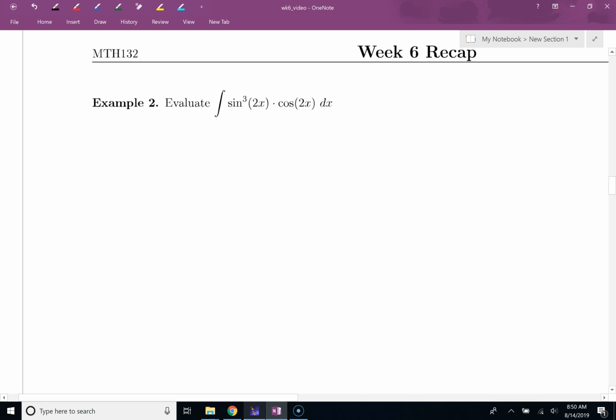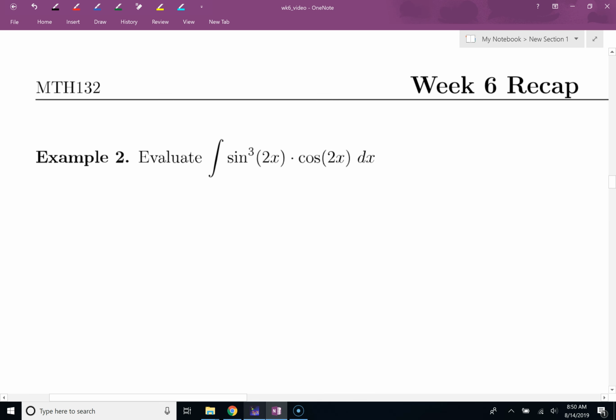Here's one I'd like to evaluate: the indefinite integral of sine cubed of 2x times cosine of 2x. Now there is a longer way to do this, and there's a shorter way to do this. The longer way is using U substitution twice.